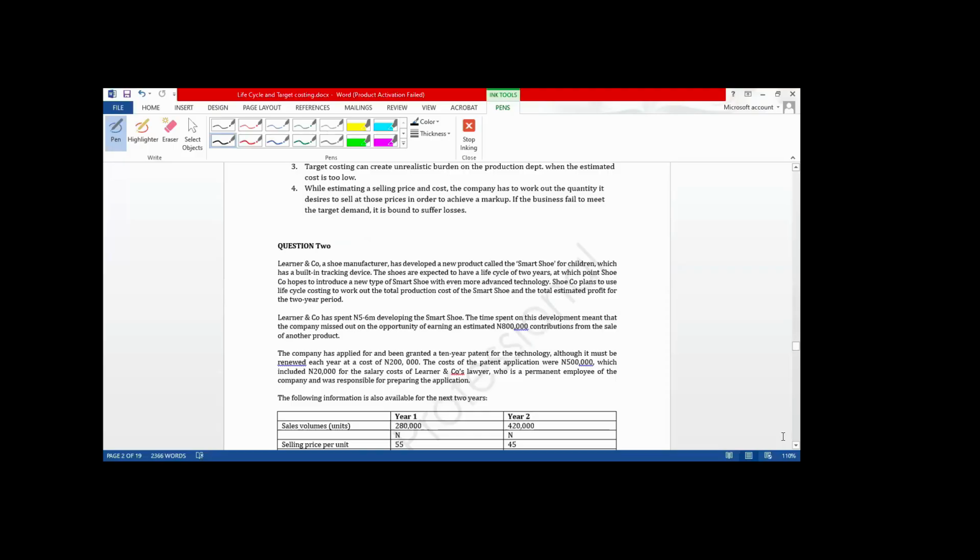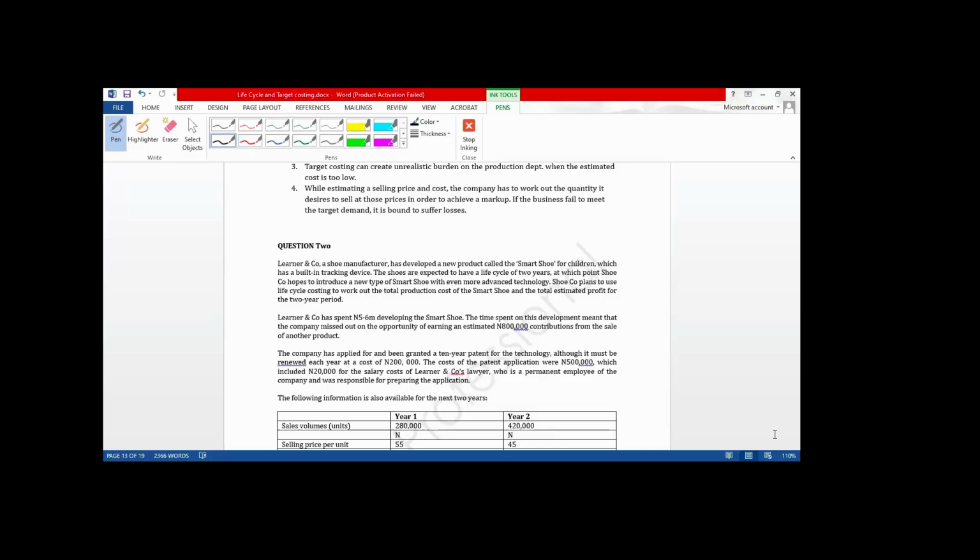A shoe manufacturer has developed a new product called the smart shoe for children, which has a built-in tracking device.